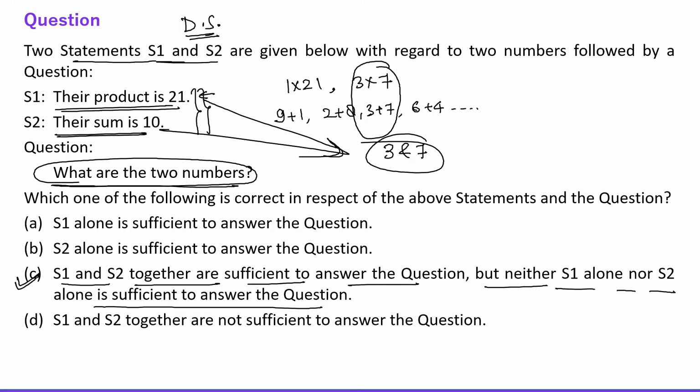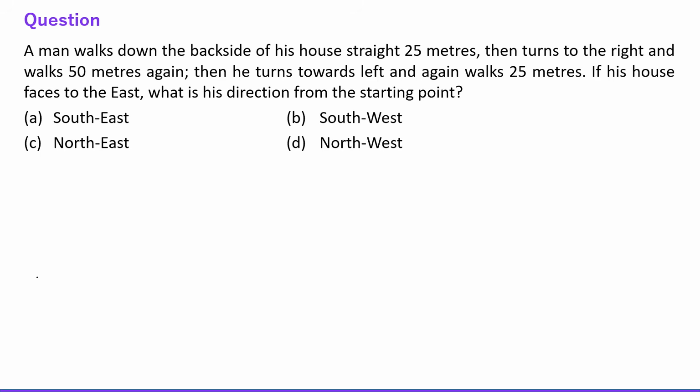Okay, now let's move to the other one. Next question says a man walks down the backside of his house straight 25 meters, then turns to the right and walks 50 meters again. Then he turns towards left and again walks 25 meters. If his house faces to the east, yes, this is the clue.